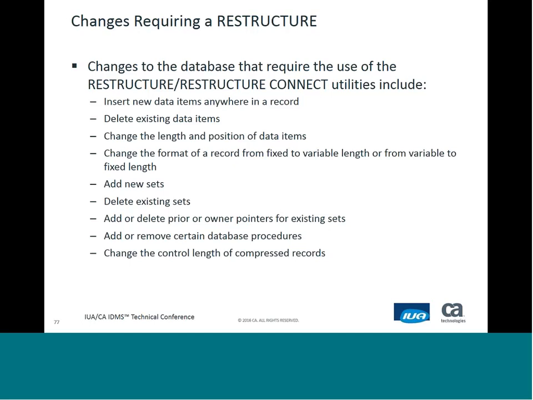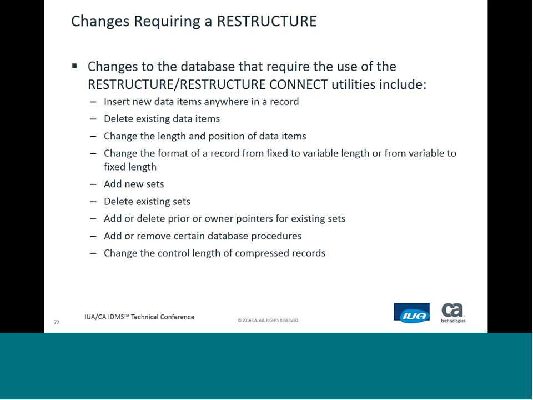So let's say you have a record that's compressed, and you have a data element that is your last element in the record. And you've decided that you want that element to become a key field for a sorted set or for an index, and you make that change. Well, now what you've done is you've made that entire record the control length. And the compression will not compress the control length of a record. So basically what you've just done is you change that into an uncompressed record.